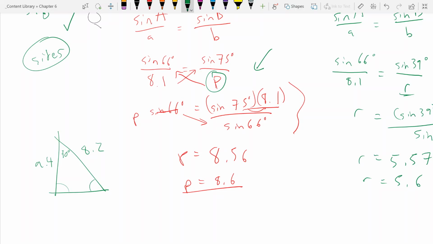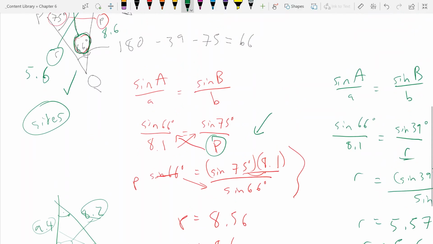Oh, sorry, that one we have to do cosine law. If it was like this, let's say, there we go. So we have a matching pair. I would be able to figure out these angles by doing another matching pair and figuring it out. Okay, so when you're given three pieces of information and you have a matching pair like this, you can use sine law.